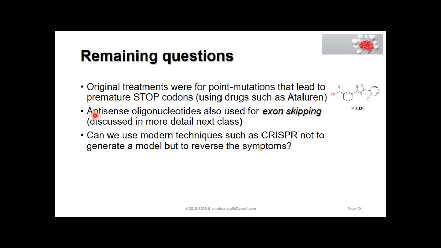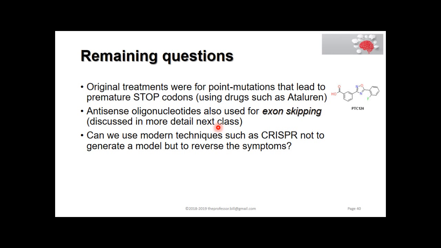And in the next lecture, going through Eric Olson's paper and CRISPR-Cas9, we're going to be looking at this. People have been using drugs like adalurin, a biotechnology-driven drug, which has been thought to allow the ribosome to skip past. It's called exon skipping. There's a little premature stop codon. No problem. We'll give you this drug, and wherever there's a premature stop codon, we'll skip over that, allowing you to make a full protein.